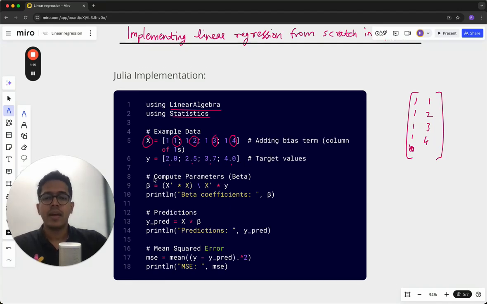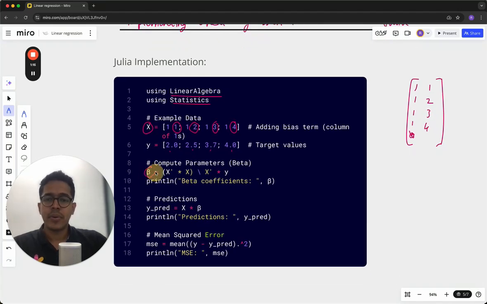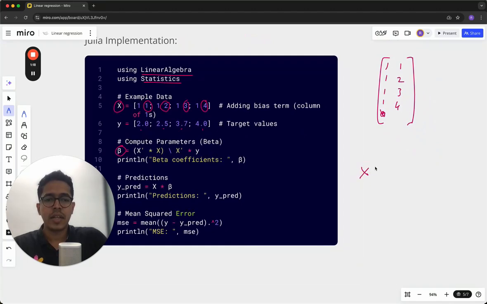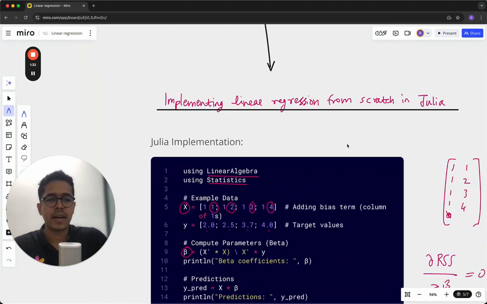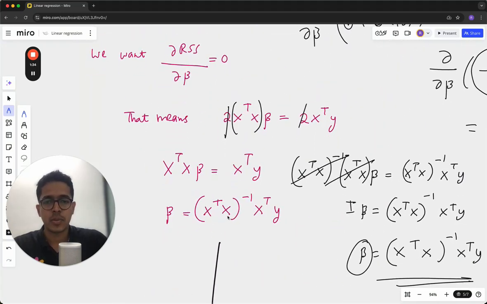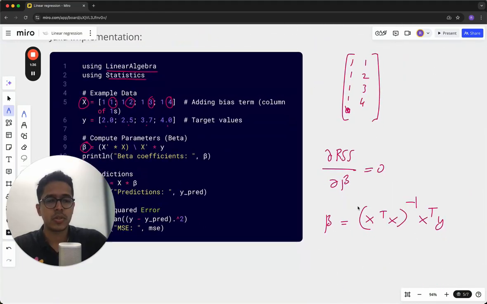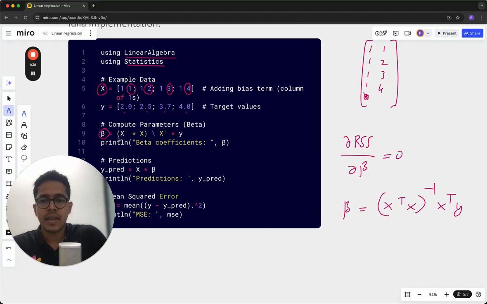Okay. Now here we are directly computing beta. So earlier we saw that if we do dou RSS by dou beta equal to 0, then we got beta equal to x transpose x, the whole inverse, times x transpose y, right? That's what we calculated up here. So that is what is written here.